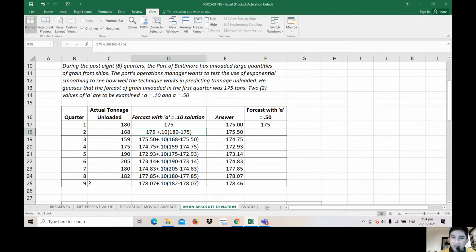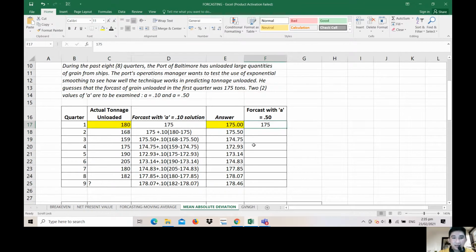Why is there 180 less 175? This is the actual less the forecast. When we are on this quarter, the basis of our actual and forecast will be the previous quarter, so we have actual less the forecast. Therefore, the values we use here will be the basis for the next quarter.